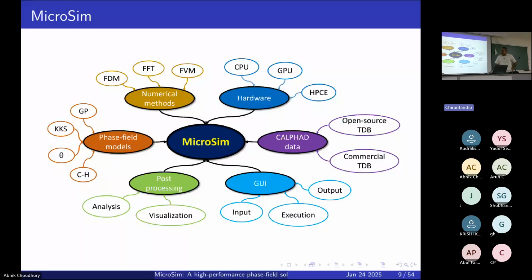You have the grand potential model, the KKS model, the Gaussian model, and also the orientation algorithm model to tackle grain growth without having to use one order parameter per grain. A number of models are taken into account. And when it comes to numerical methods, the finite difference method, finite volume, spectral methods, and others are all there.